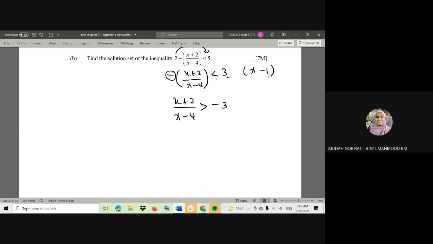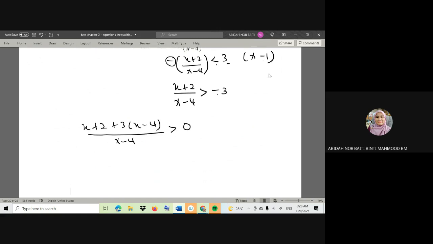Okay, itulah soalan yang kita dah simplify lah. Then we rearrange and equalize denominator. Okay, negative 3 become positive 3. Equalize denominator, greater than 0. Okay. So you simplify your numerator.